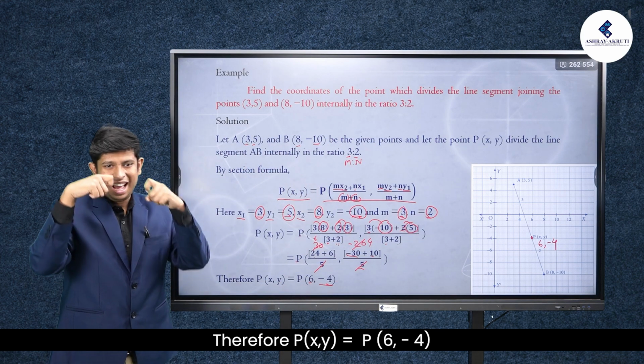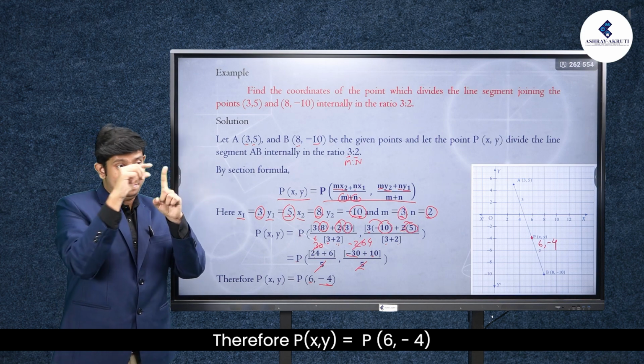Therefore, P of x comma y is equal to P of 6 comma minus 4.